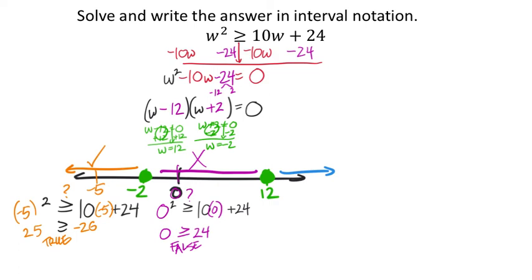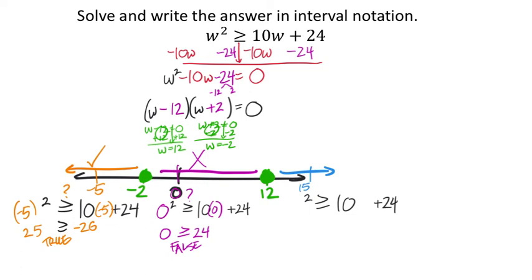Yeah, let's check this last one. So we got w squared should be greater than or equal to 10 times w plus 24. I just need anything to the right of 12. I'll choose 15 just because I'm going to let the calculator do all the work anyway.